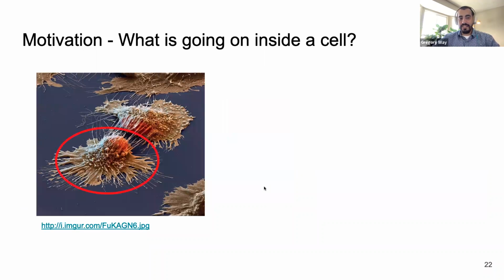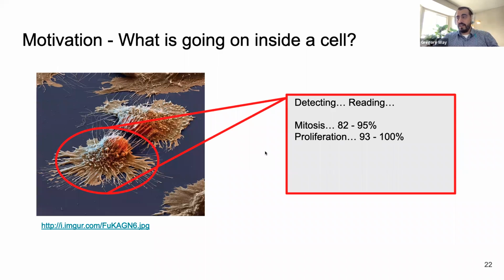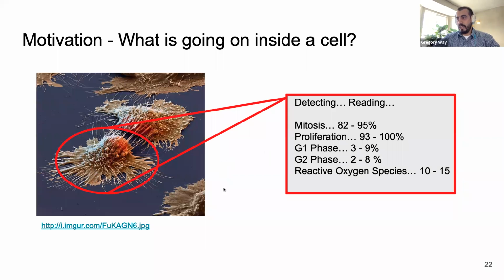What would be great is if we could use computer vision to isolate the cell and then use its features to determine what's going on under the hood. This cell has a pretty high probability that it just divided. It might look like it's actively proliferating and trying to spread out. It's probably not in G1 or G2, and it might have a certain amount of reactive oxygen species going on.